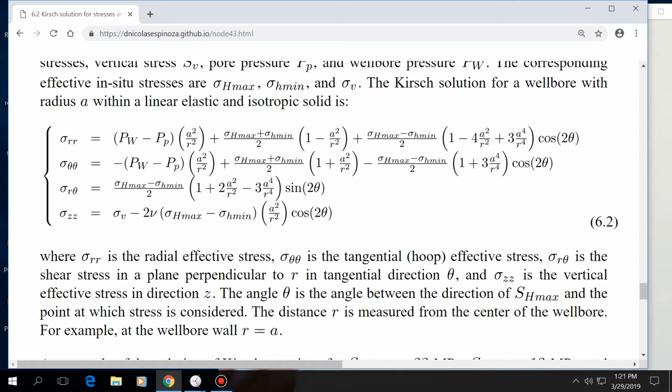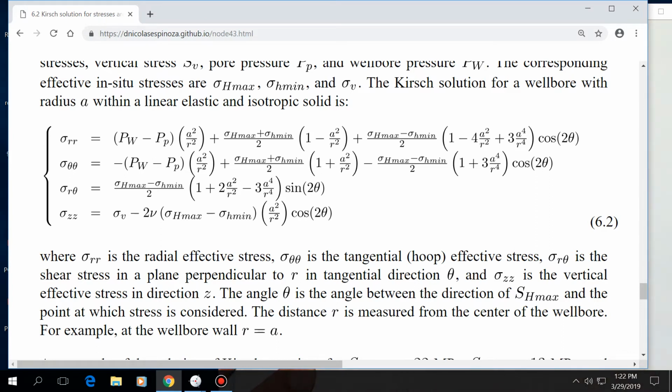Okay, so let's write that down. These are the stresses at the wellbore wall.